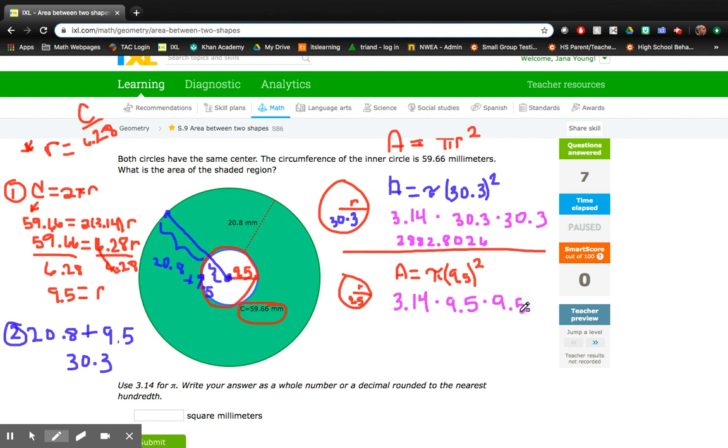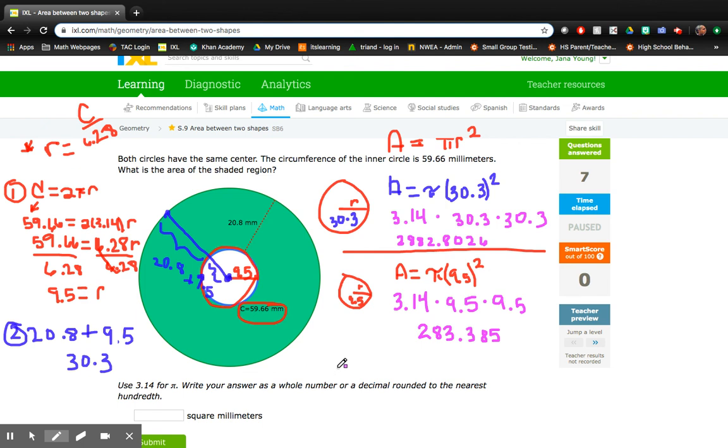So 3.14 times 9.5 times 9.5. I'm getting 283.385.